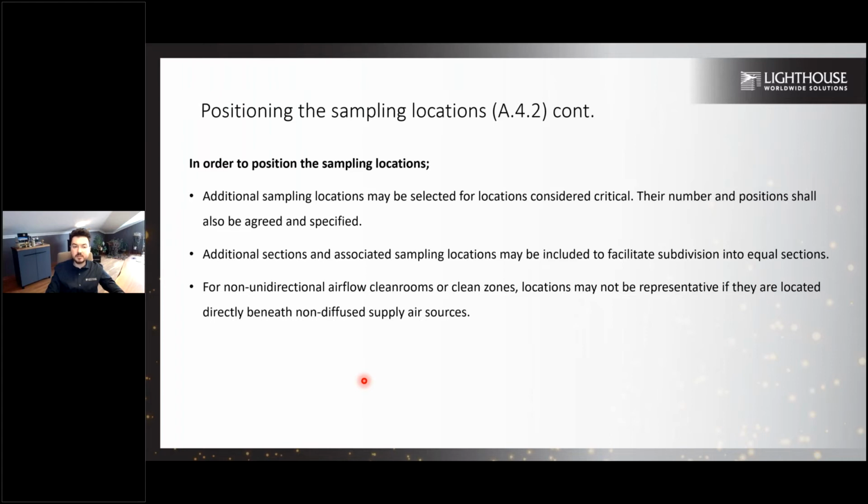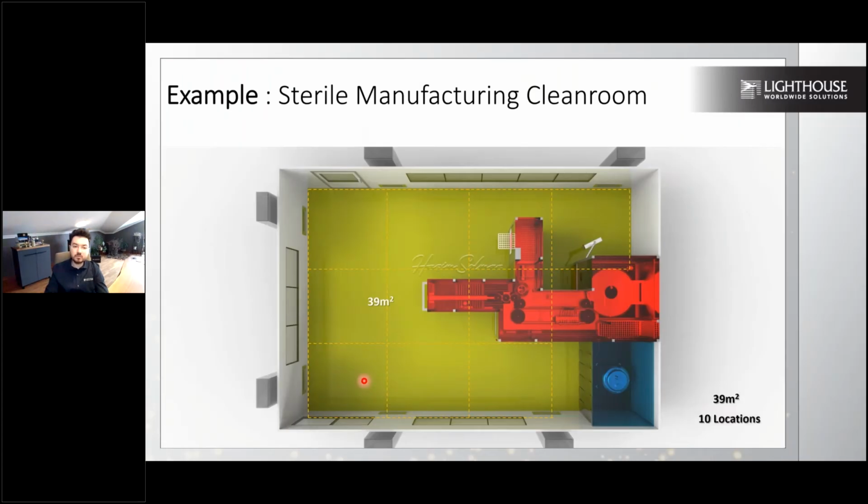Additional sections and associated sampling locations may be included to facilitate subdivision into equal locations. For non-unidirectional airflow clean rooms or clean zones, locations may not be representative if they are located directly beneath non-diffused supply air sources, which means if you put your isokinetic probe right under the HEPA filter, that's not a good practice. Let's take a look at our clean room with this aspect.